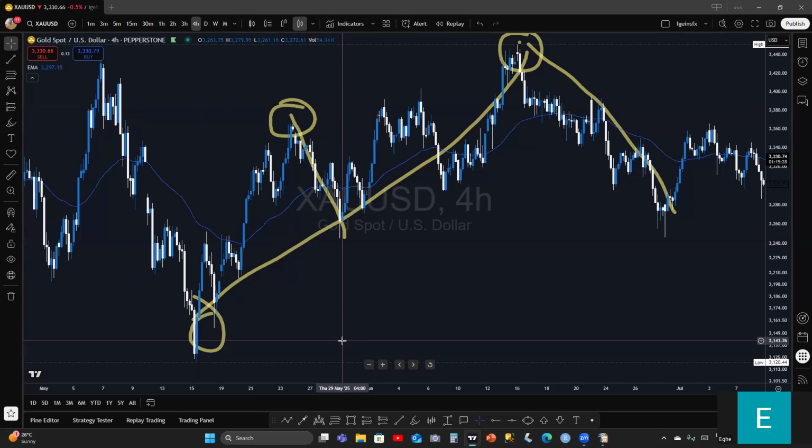They will load their position to push the price up. Do you understand? Okay. As they see the price coming down to this discount level, they enter another position again and push it up again. When it's coming down, they load another position and push it up until they are satisfied.